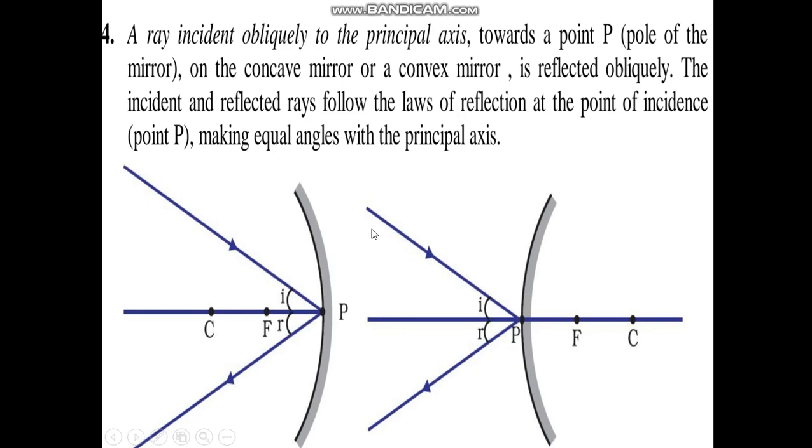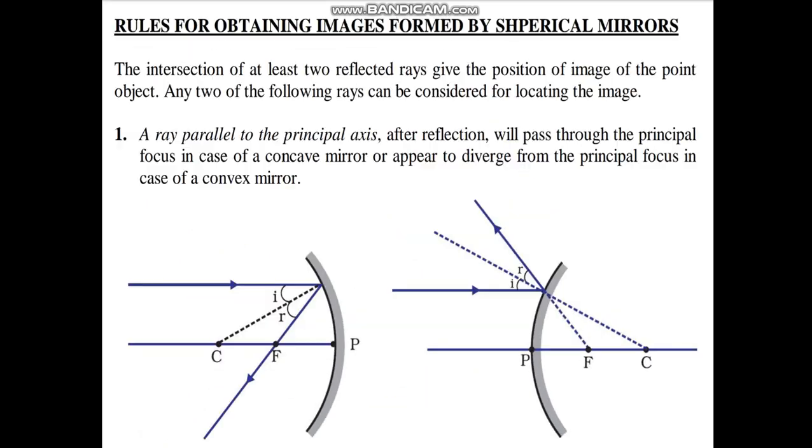So all these four rules you have to keep in mind while drawing the ray diagrams in case of the mirrors. So first rule is, when the incident ray is parallel to the principal axis, the reflected ray will pass through the focus.